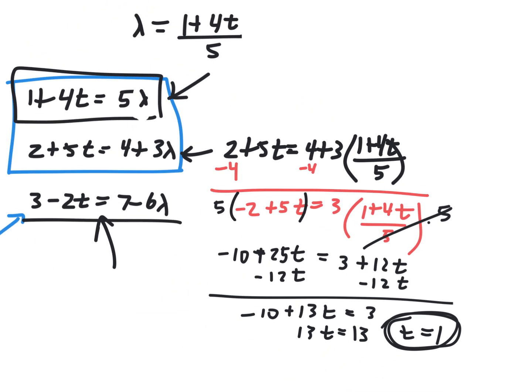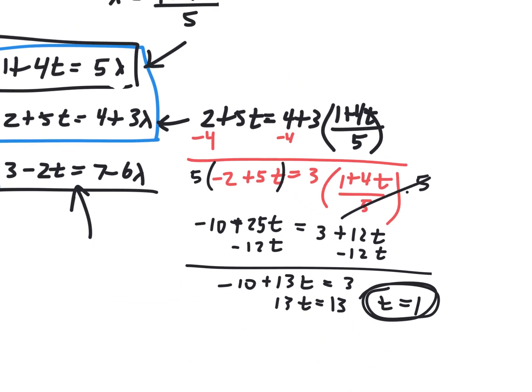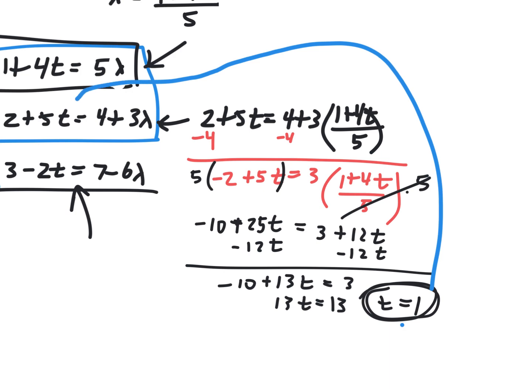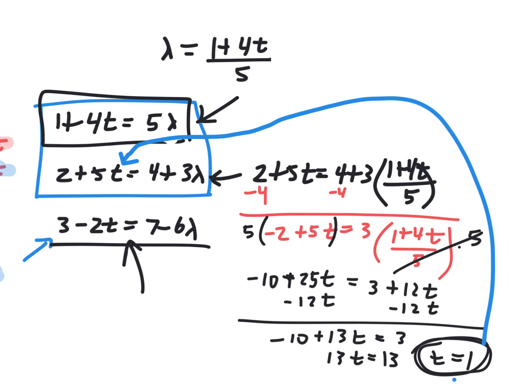I can now go to the other equation. Actually, either equation. And stick t equals 1 in there. Now, I'm going to choose to put it into this one. You could have picked either one. So now, if t equals 1, I'm going to rewrite this equation: 2 plus 5 times 1 equals 4 plus 3 lambda.